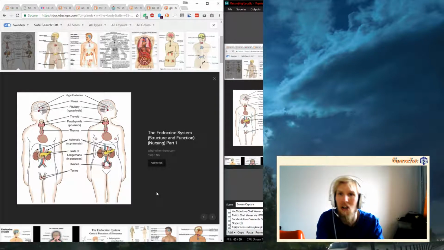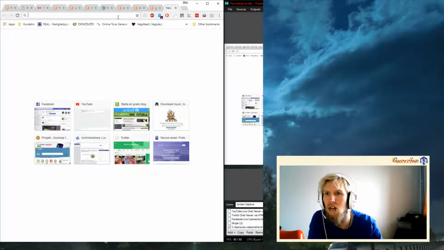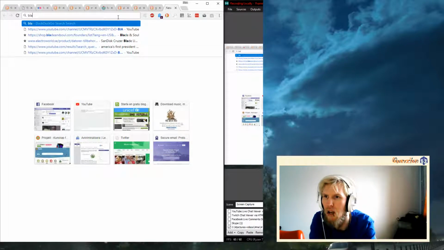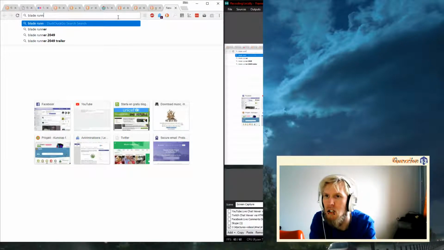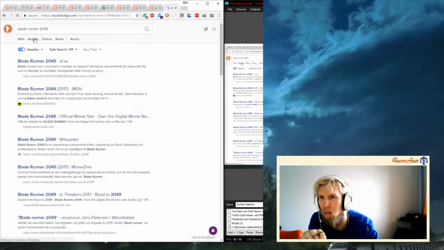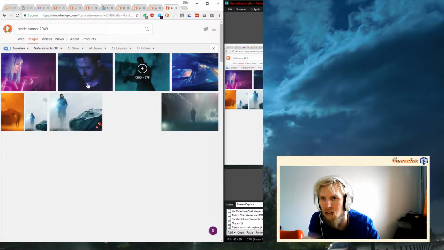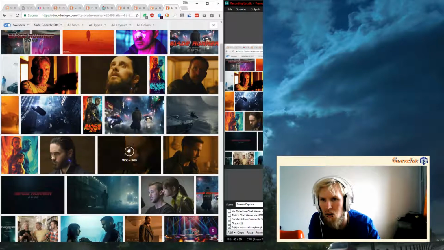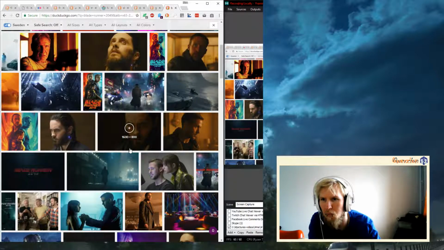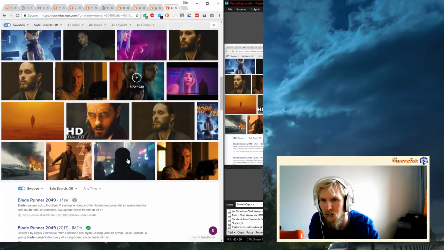Have you seen? When I was younger, I felt like, whoa, this is so cool with towns. Let's see. You can take Blade Runner. Here we can take a picture from it. There need to be a picture of the city.